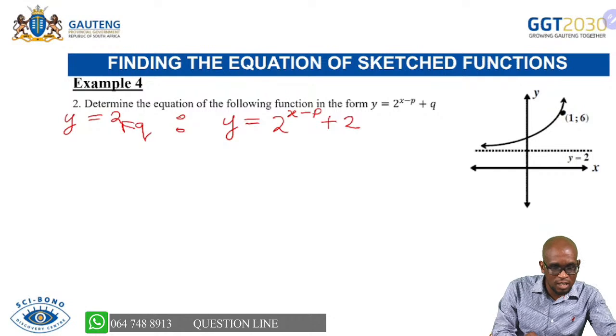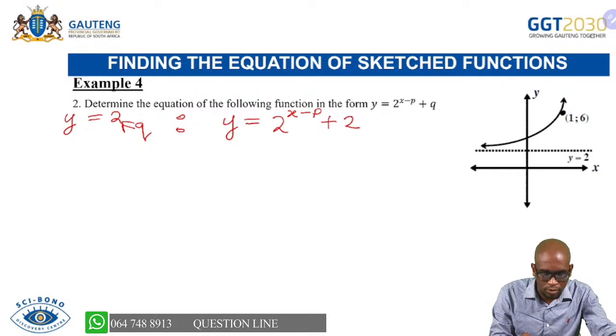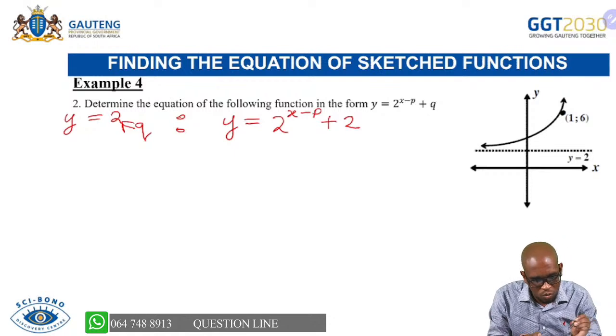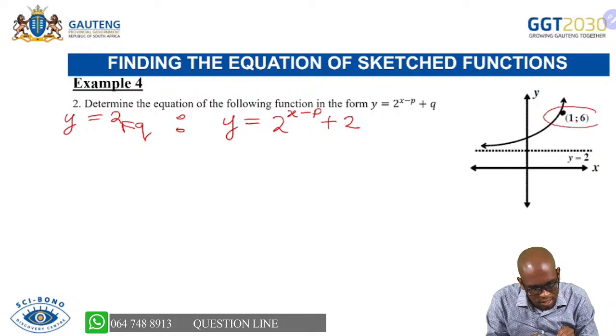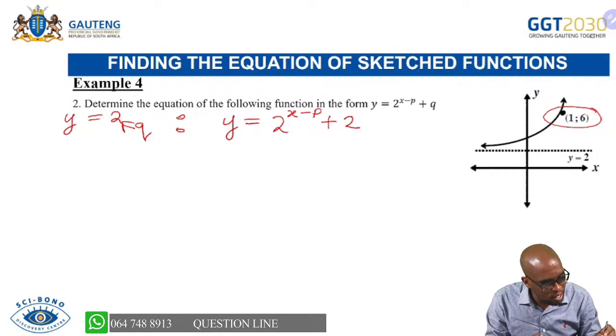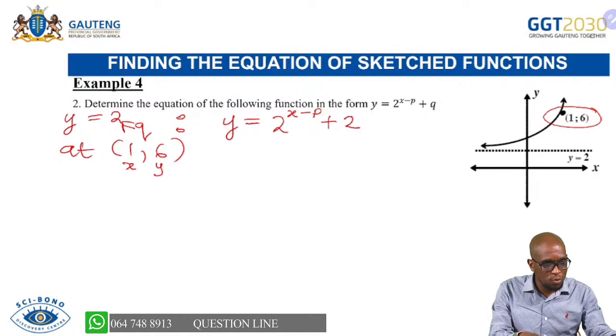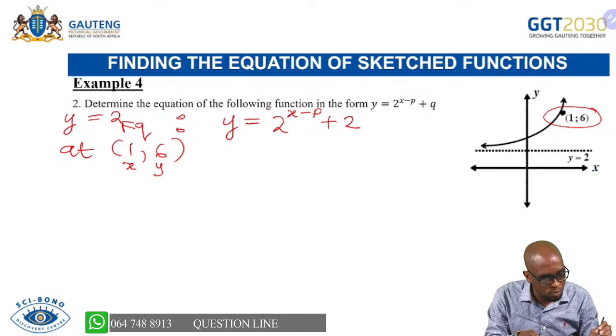The only thing we need in order to determine this equation is the value of p, so we use the extra point given on the graph. At the point (1; 6), x is 1 and y is 6. Where we see x, we put 1, and where we see y, we put 6.